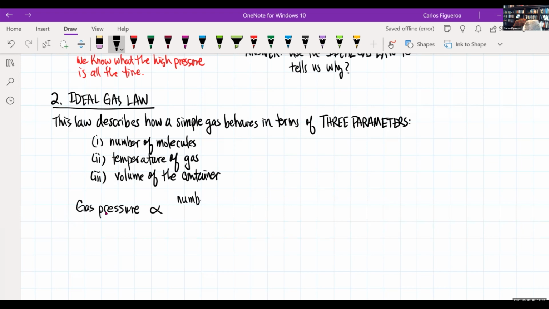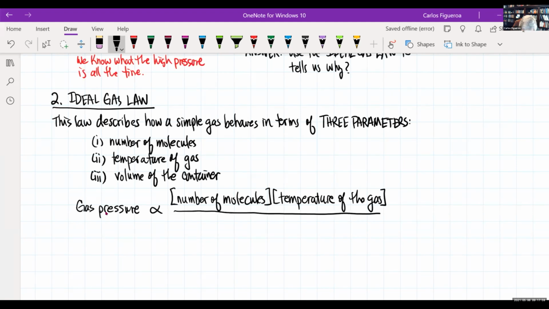The number of molecules times the temperature of the gas divided by the volume of the container.